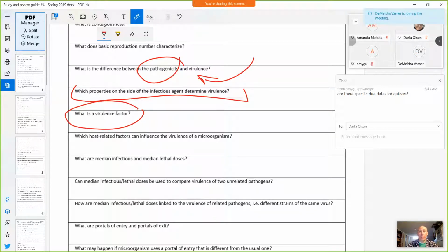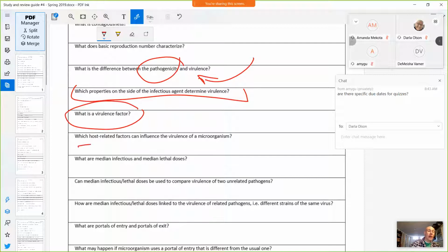Antibiotic resistance. What else? Ability to produce toxins, presence of certain exoenzymes, ability to evade immunity. All those are virulence factors.